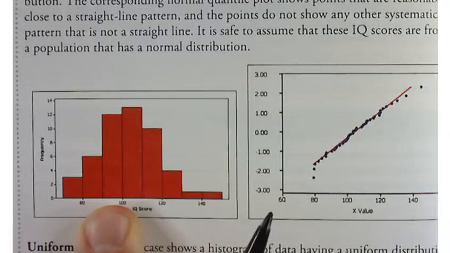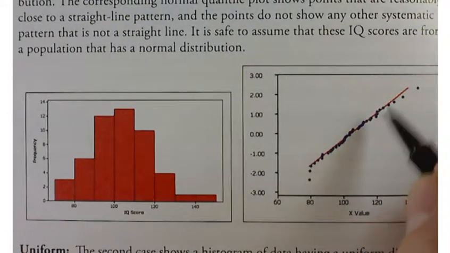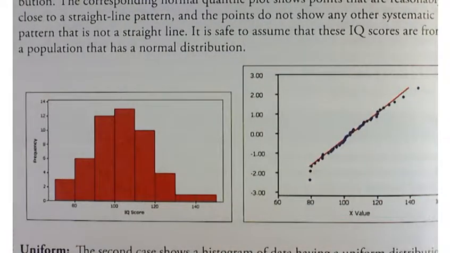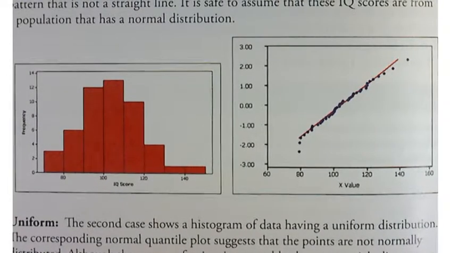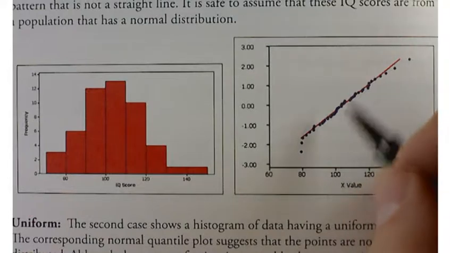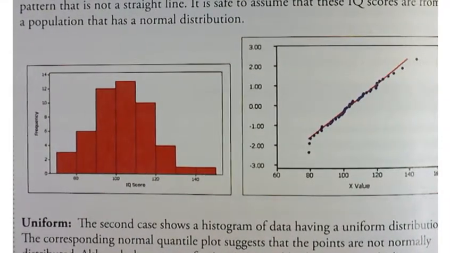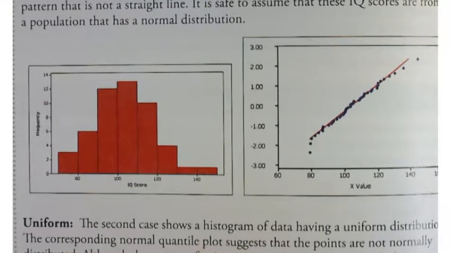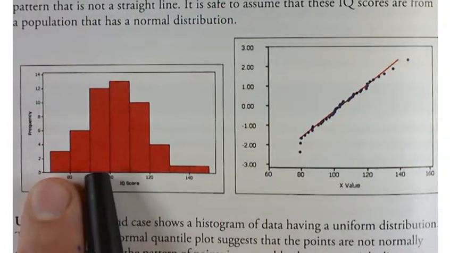What you'd like to see when you do this plot, if you have some normally distributed data, is you'd like to see this data kind of scattered nice and randomly about a straight line. That's what you're hoping for. If you do have some kind of a random pattern around a straight line, then yeah, it's looking more and more like a normal distribution.